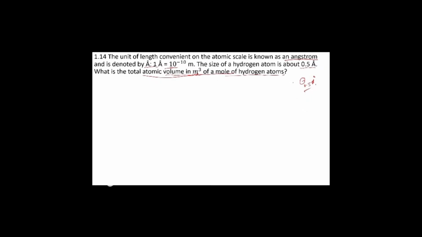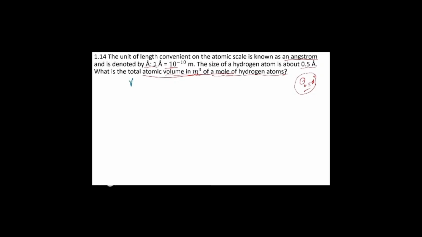Atomic volume of a mole of hydrogen atoms would be the volume contained by atoms as an individual of quantity of a mole. So we know that a mole is represented by Avogadro's number. So we will have to multiply one unit volume of hydrogen atom by this Avogadro number to get the atomic volume of 1 mole of hydrogen atom.